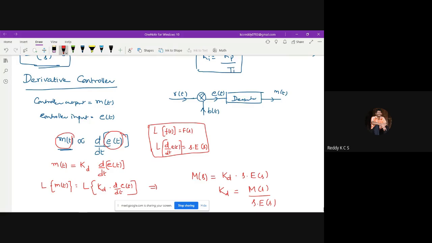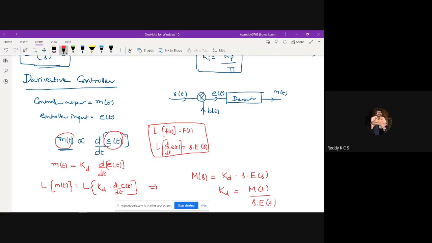This is what we can write in the case of derivative controllers. A derivative controller depends mainly on the time derivative of the error. So this is about the derivative controller.